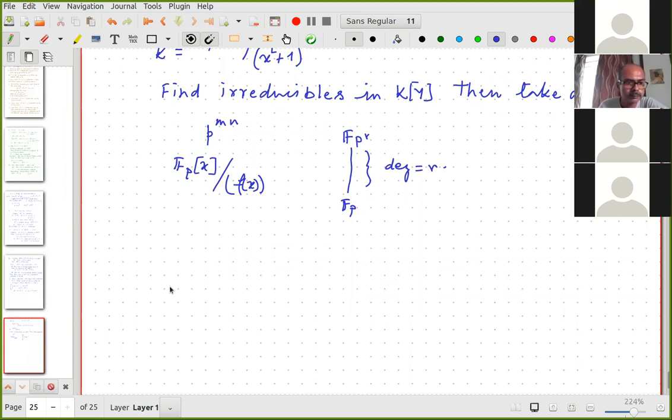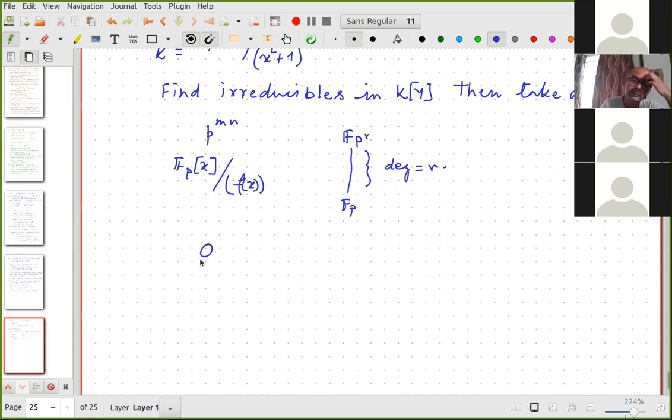Instead of Z, you can make that over Q, and instead of Q, you can take F_p(x).